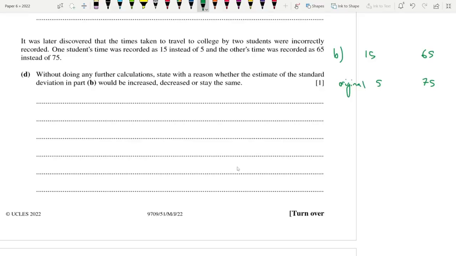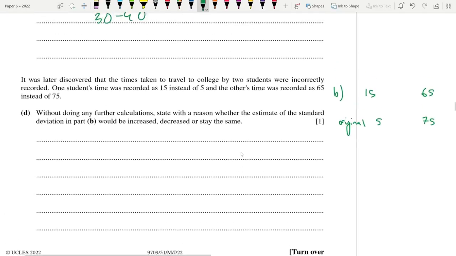Let's try to understand what happened. If you think about the mean, for the mean, if you add these two up, 15 plus 65 plus some other values, 15 plus 65 is 80.